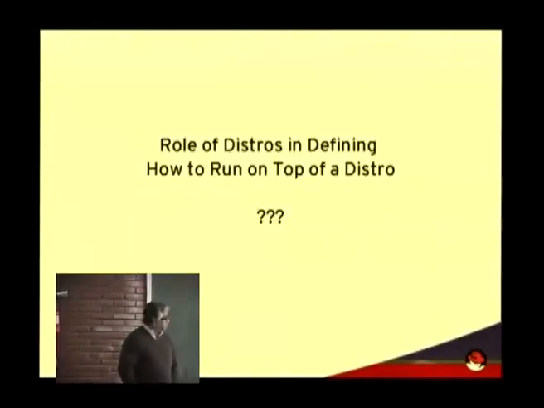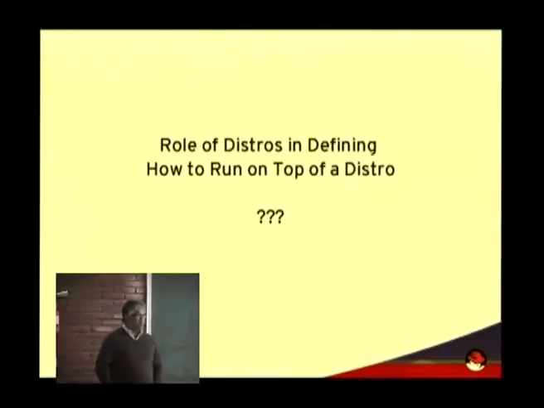The biggest question that I see today, from the Red Hat and the RHEL space, and we're still struggling in Fedora, is looking at what is the role of the distro in defining what runs on top of the distro. The distros have been very good at defining what runs in the distro, because that's where the control is and that's where the mechanism is.